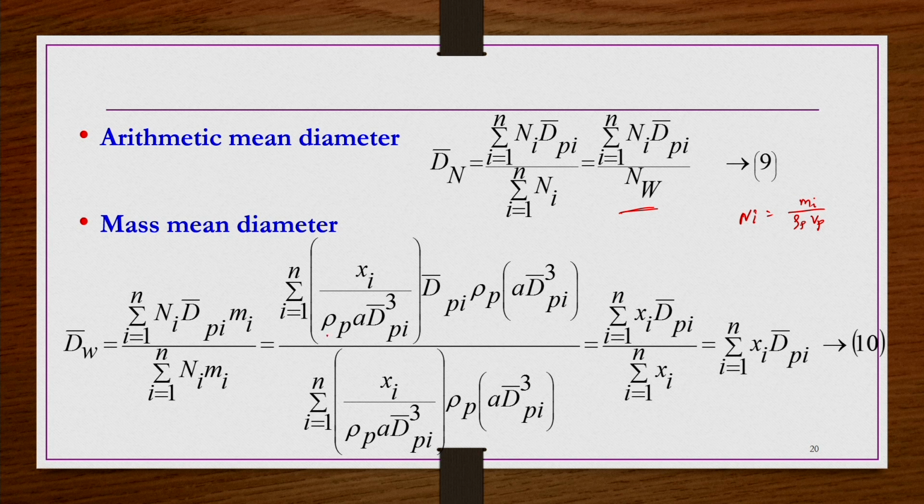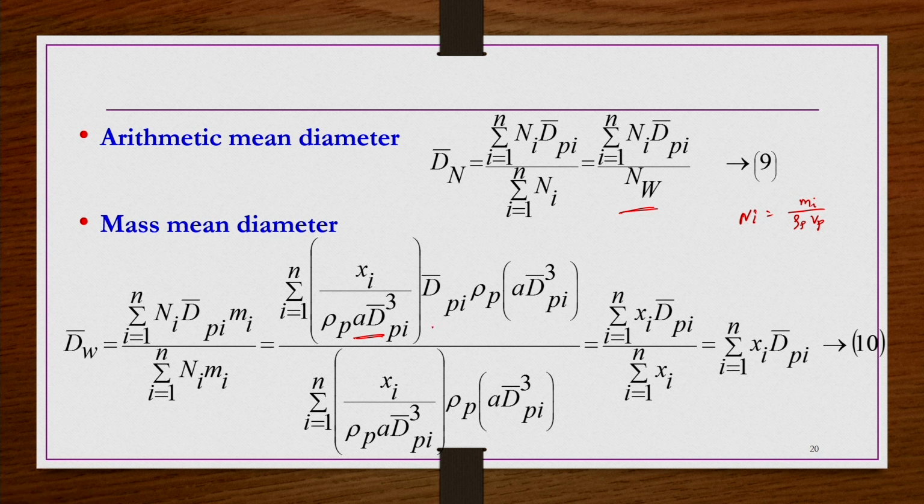Vp is nothing but A dPi bar cube, where dPi bar is the average diameter of the sample for that given increment. So the volume should be some constant multiplied by dPi bar cube. That constant is A, the volume shape factor, just as B is the surface area shape factor.